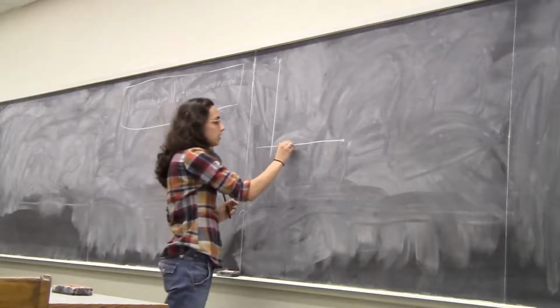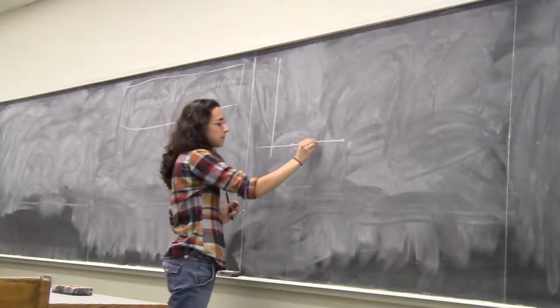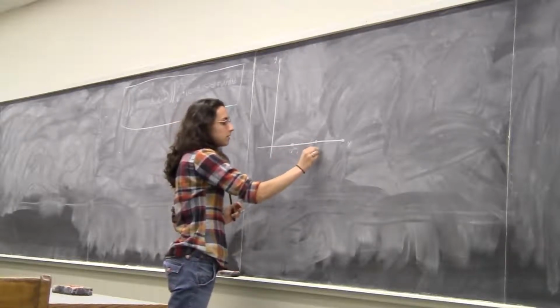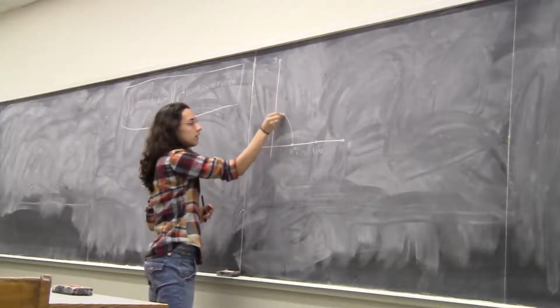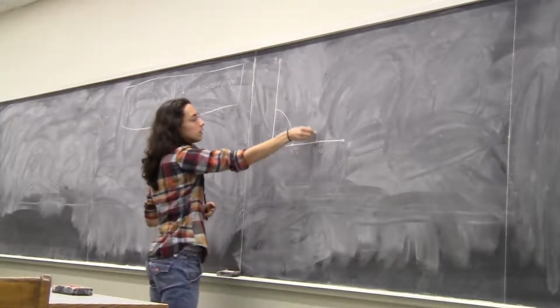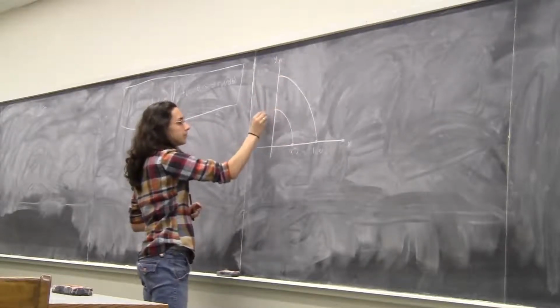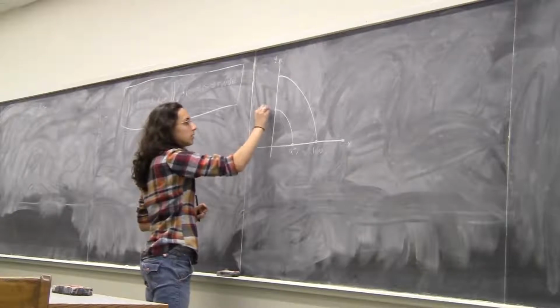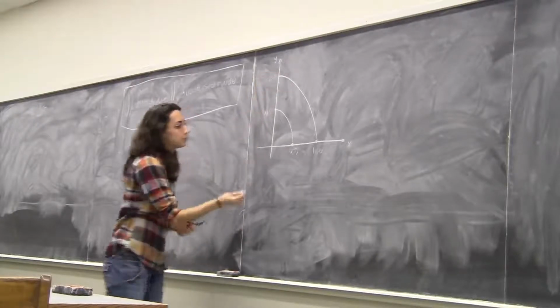So I'll start here with the point (1, 0), (2, 0), and then the circles, and so this will be the point (0, 1), (0, 2). Okay.